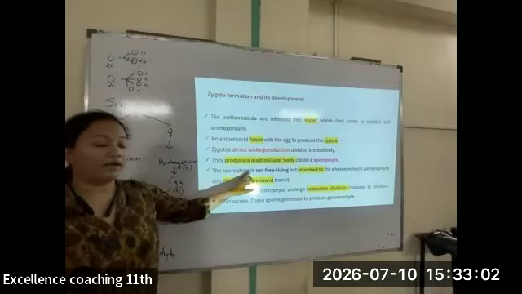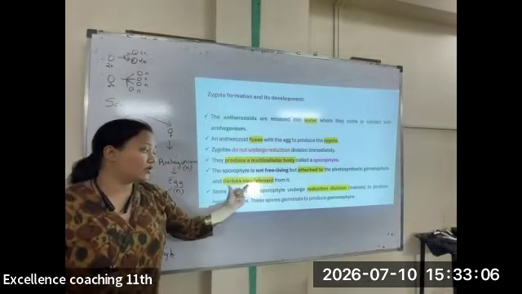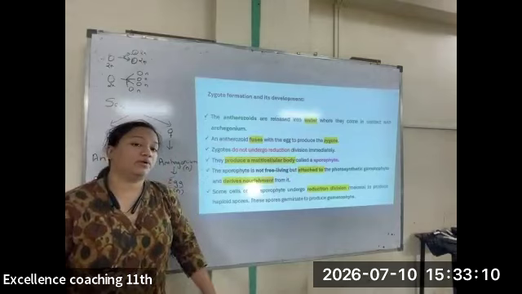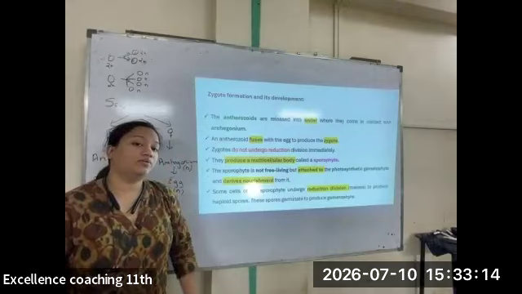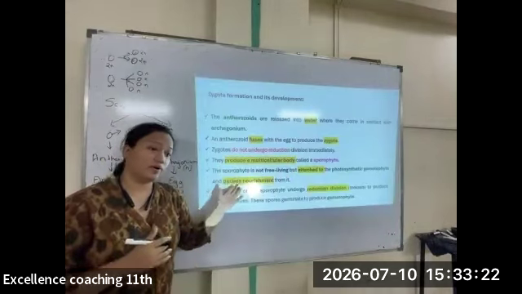Now, this sporophyte is not free living. It is attached to one particular part, which is the photosynthetic gametophyte. So this is the gametophyte, and this half part will be called the sporophyte.